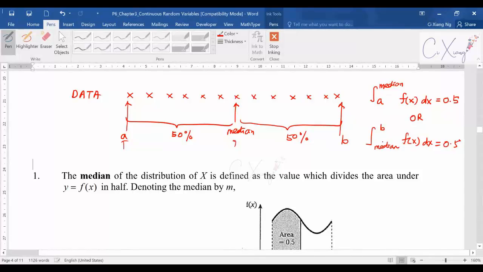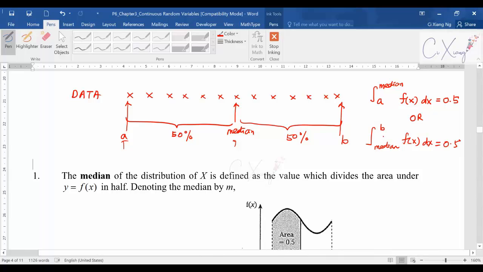If you carry out either of these integrations, you will be able to get the value of the median. I hope you roughly have the idea. The median covers from the smallest value until the median, half of your data, which is equal to 0.5. The same idea will be applied for quartiles later.